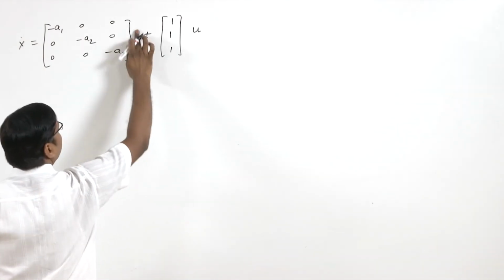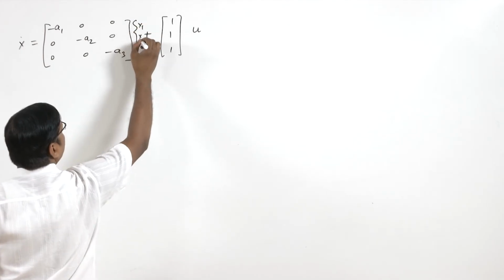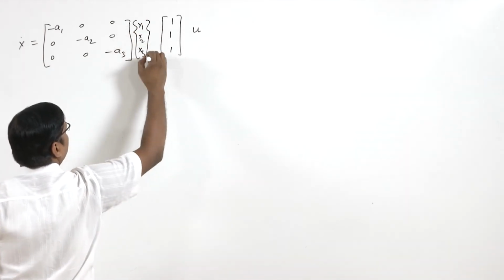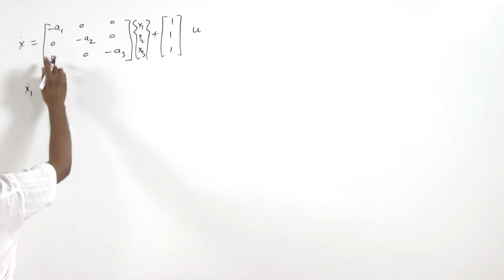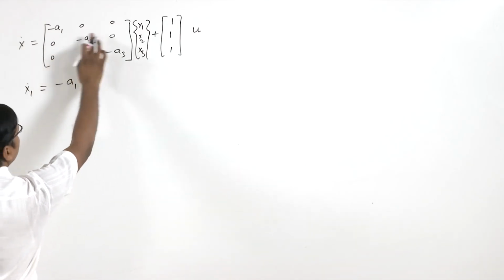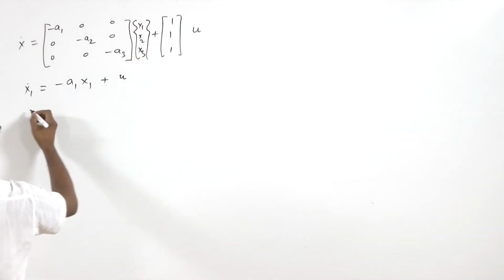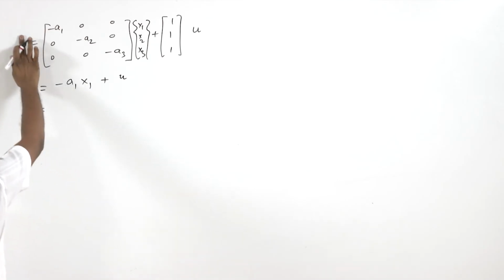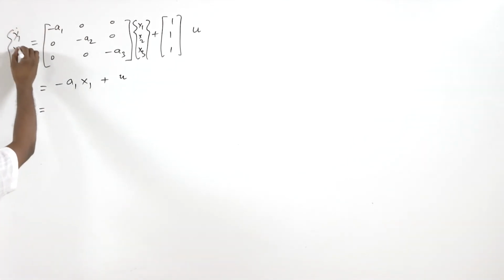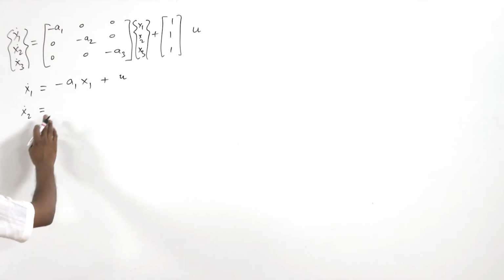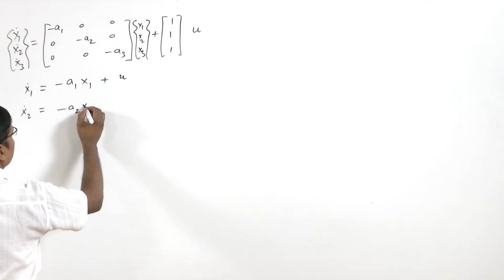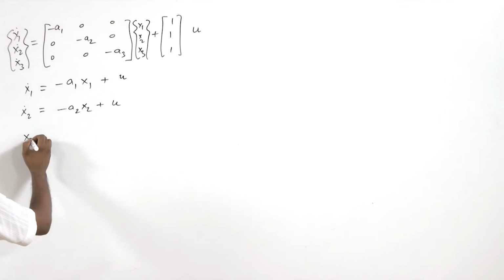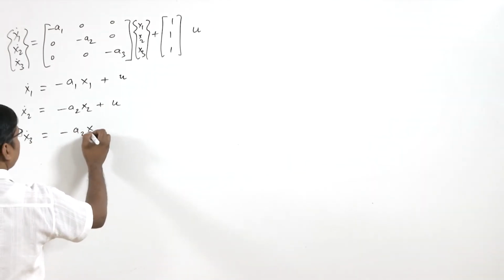If we write x1, x2, x3, we can write x1 dot equal to minus a1 x1 plus u, x2 dot equal to minus a2 x2 plus u, and x3 dot equal to minus a3 x3 plus u.